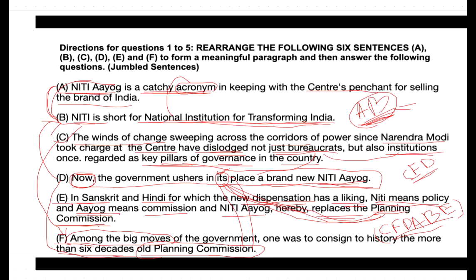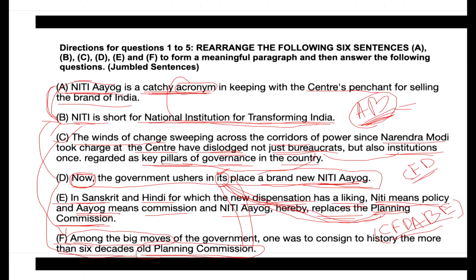And among the big moves, we find the old planning commission was named, right? And you can talk about how at present the government asserts in its place, the old planning commission's place, a brand new Niti Ayog. And that Niti Ayog is nothing but a catchy acronym.